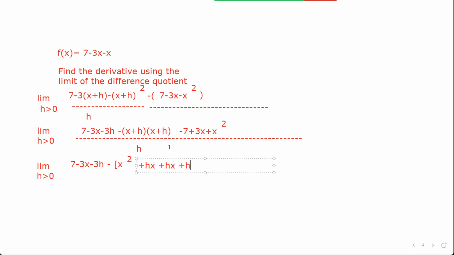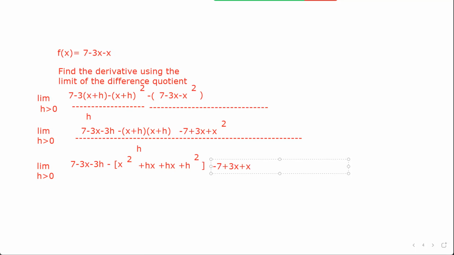So this becomes hx, and this is h squared, right? So that's my FOIL, that's my square. This is my bracket for this term. So there's my bracket, and then I have minus 7 plus 3x plus x squared.